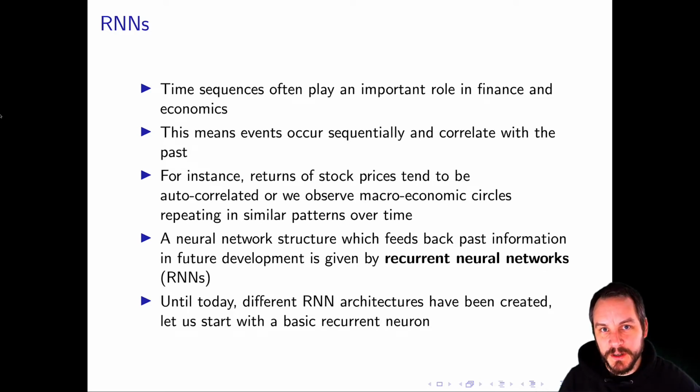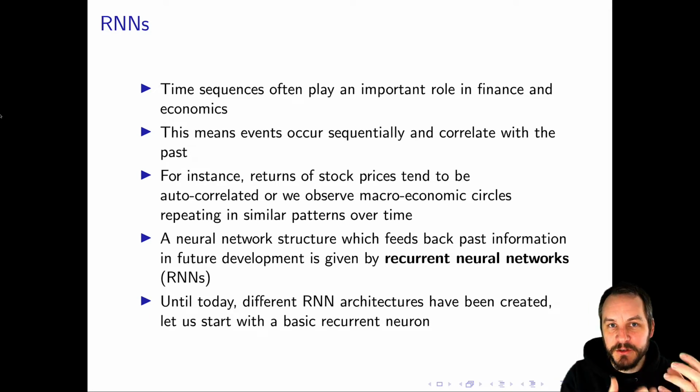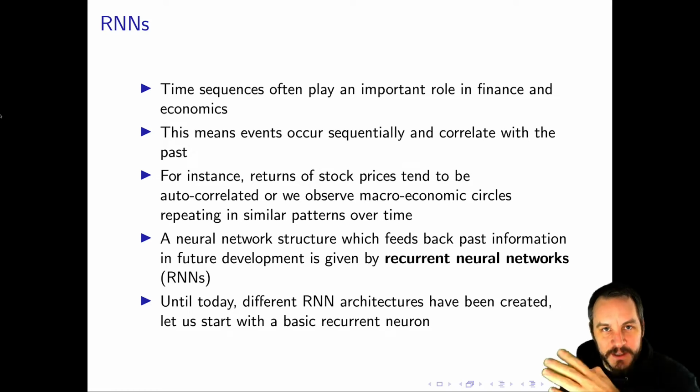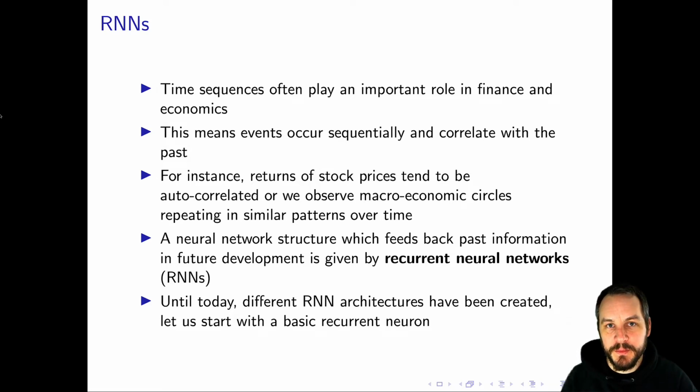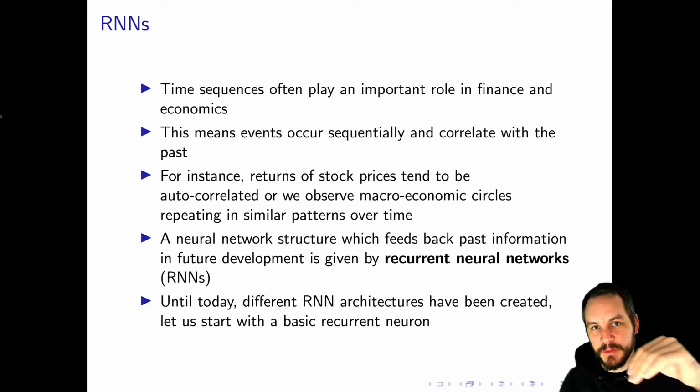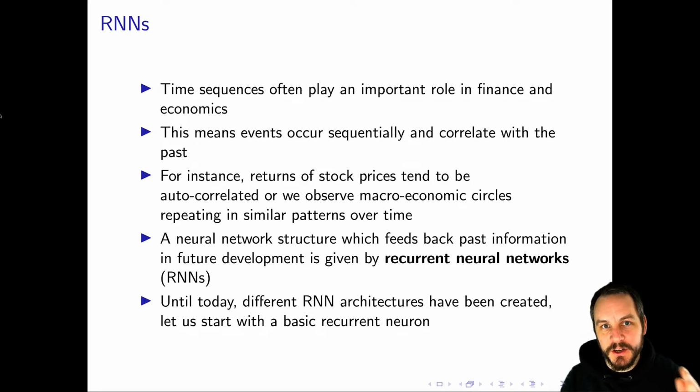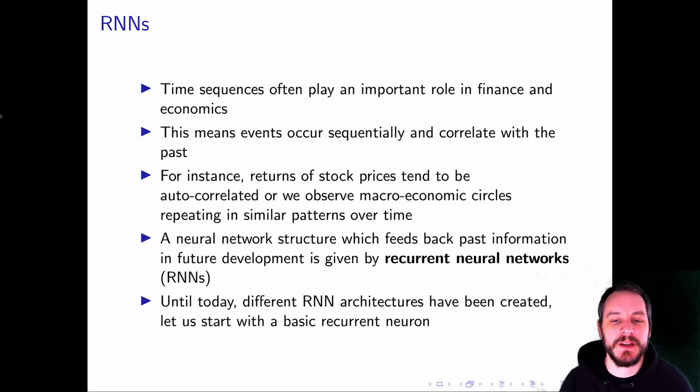So it will process through the 5 days and try to identify maybe patterns. Assume there is some kind of sinusoidal curve relationship, something like this. A recurrent neural network may process through 5 days of price information and try to learn something here. This is the characteristic that is necessary in order to successfully apply a recurrent neural network.